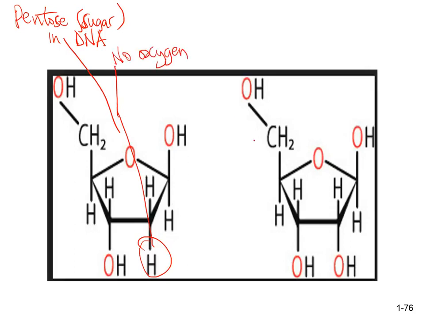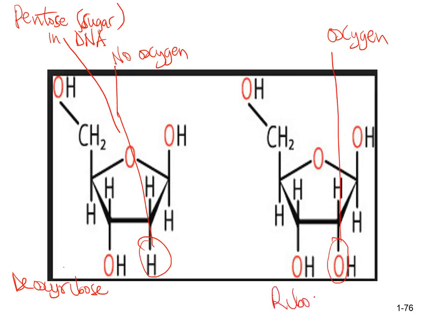No oxygen there. You see here, the same place, there is oxygen here. So this pentose here, because there is no oxygen here, is known as deoxyribose. Because we have removed an oxygen here and replaced it with H. Where here we have oxygen on this, so it's known as just ribose.